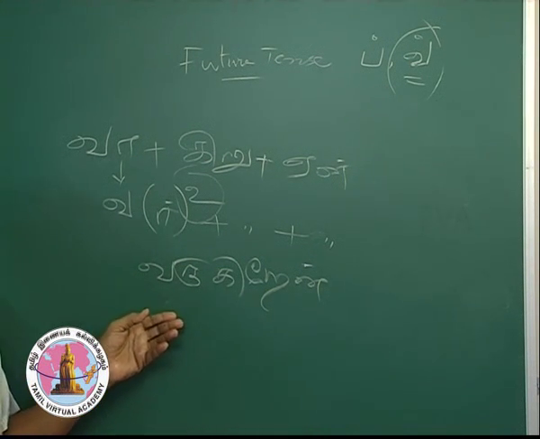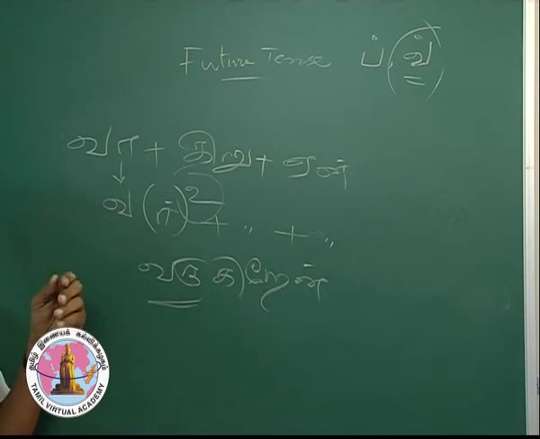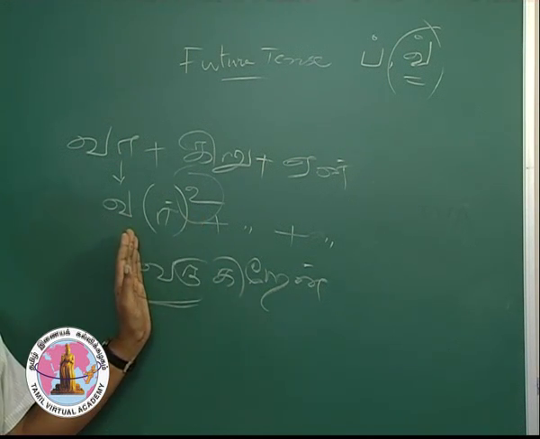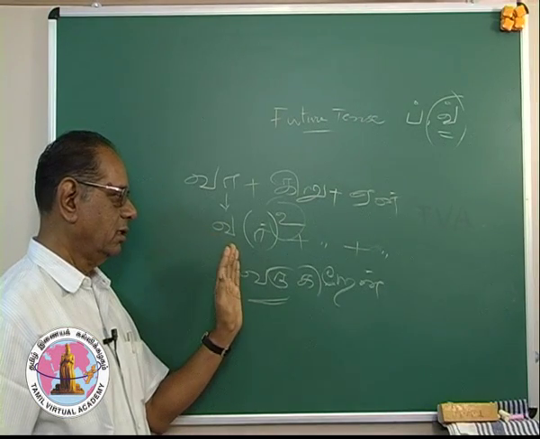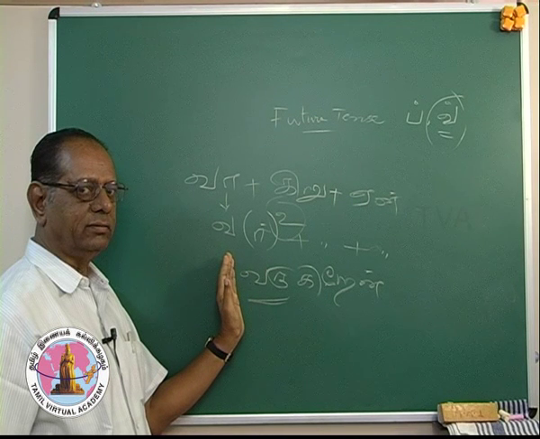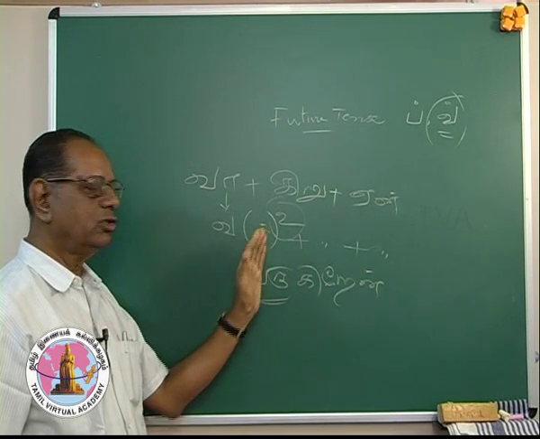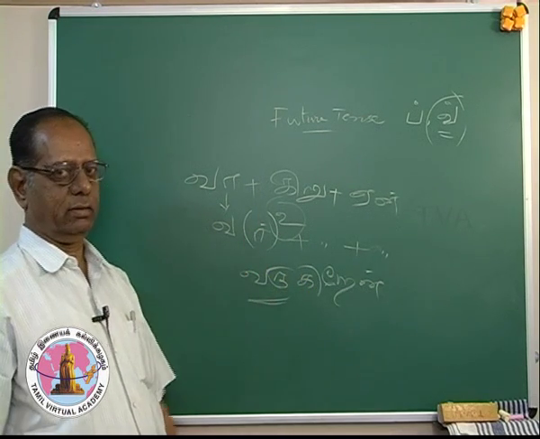You must note that all the changes have taken place only with this part of the verb, that is the first part which speaks of the act. Coming is an act. So, this verbal root undergoes a change while accepting the tense marker.